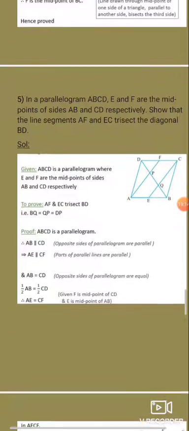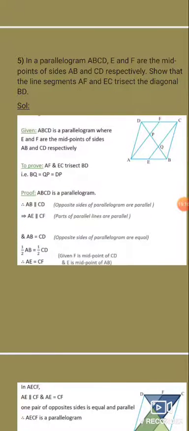For the proof, ABCD is a parallelogram. Therefore, AB is parallel to CD. Opposite sides of the parallelogram are parallel. Implies AE is parallel to CF. Parts of parallel lines are parallel. And AB is equal to CD. Opposite sides of the parallelogram are equal. Now half of AB is equal to what? Half of CD.